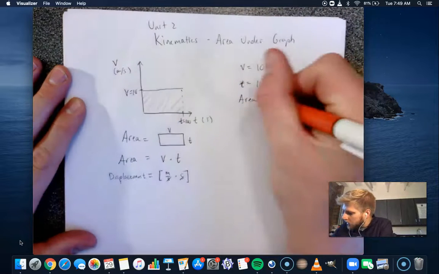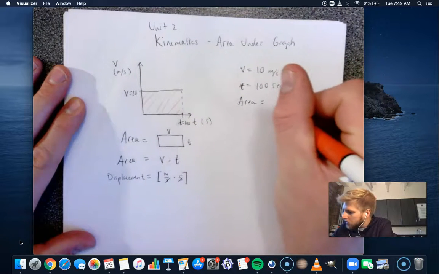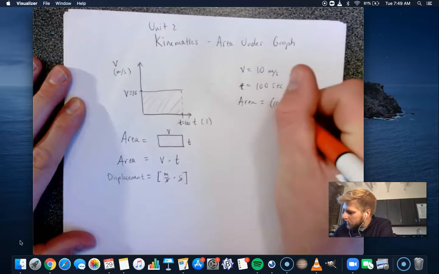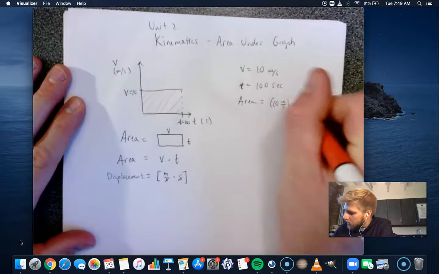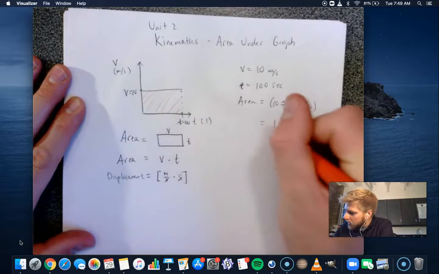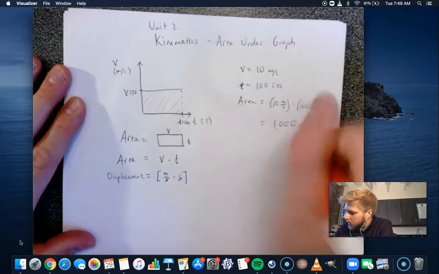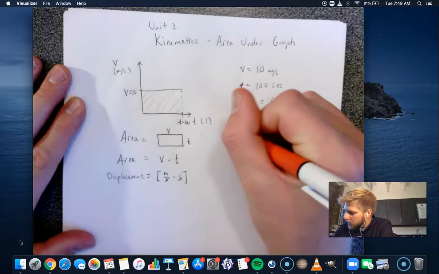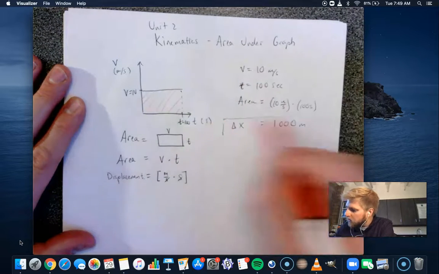And so we would do 10 meters per second times 100 seconds, and we get 1,000 meters. That would be the, I'll just say, the delta x.